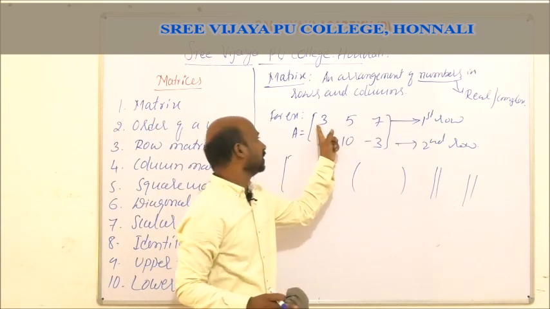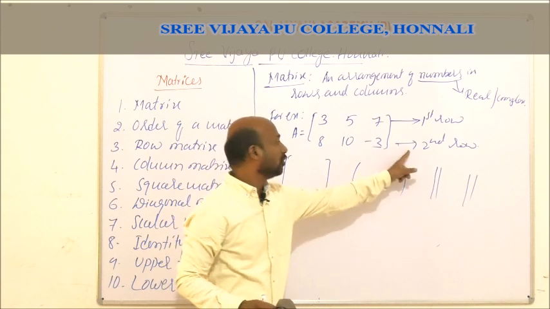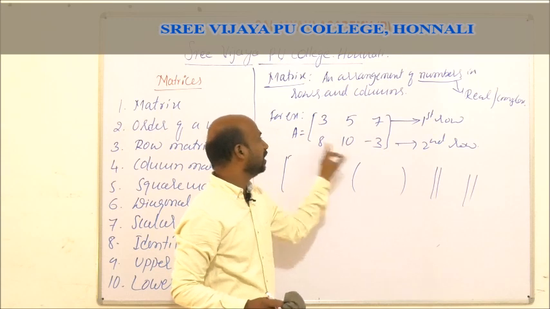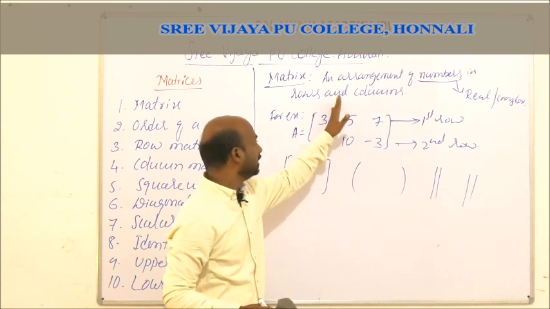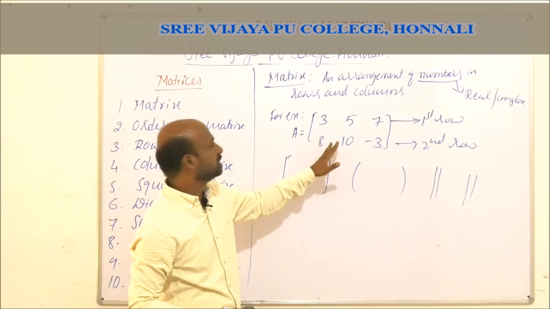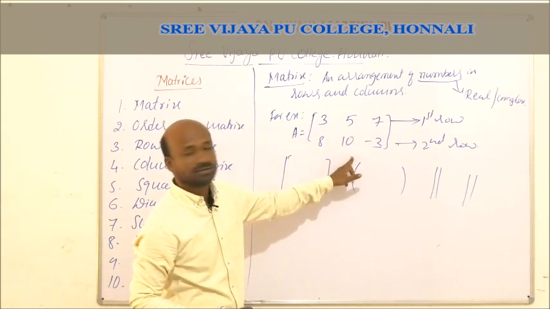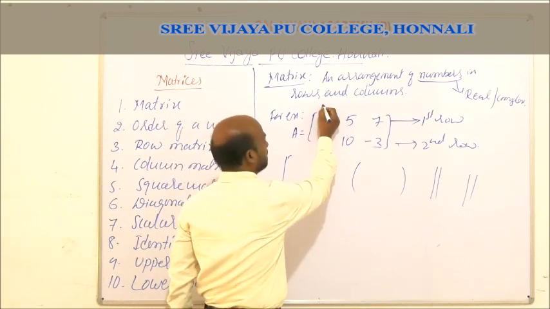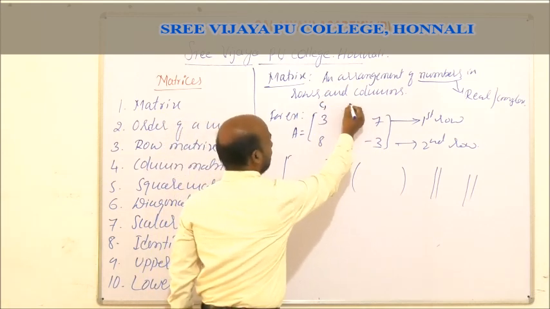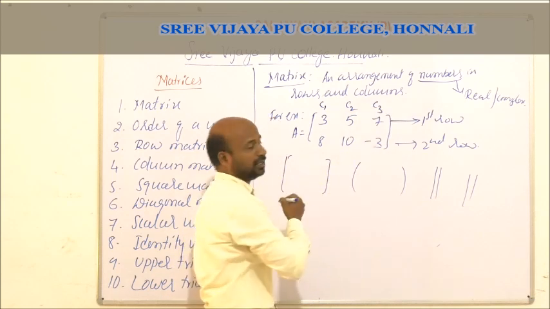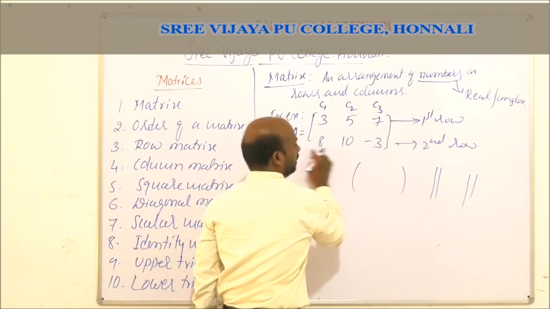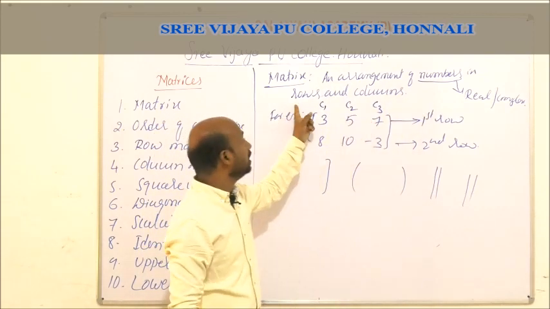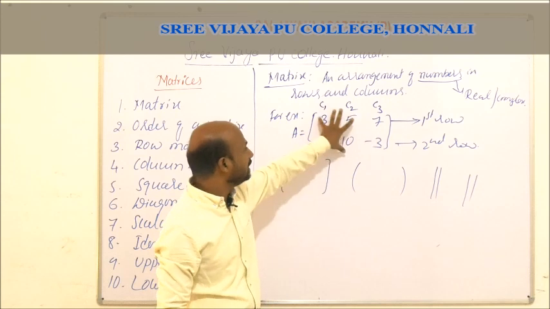First row elements are 3, 5, 7, second row elements are 8, 10, minus 3. First column elements are 3 and 8, second column elements are 5 and 10, and third column elements are 7 and minus 3.